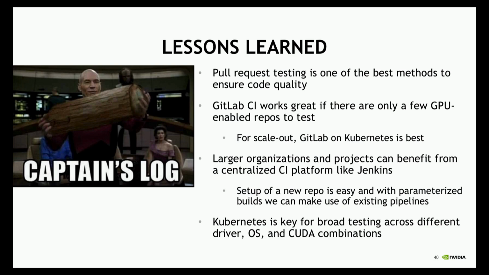Once you have the pipelines established, you can parameterize and send the same code down the same Jenkins pipeline that will do all those pairs of CUDA, operating system, driver, and even hardware versions that we want to test, without having to go into each repo for GitLab and modify the YAML here, modify the YAML there, and copy and move all those changes.